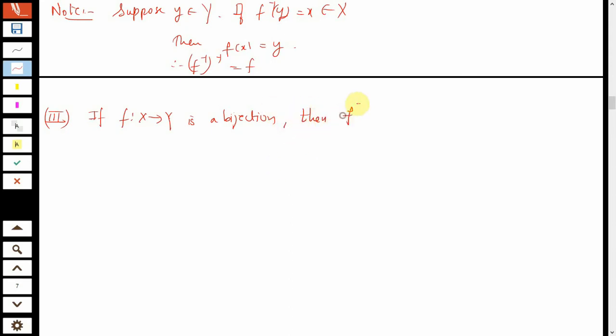So if f from X to Y is a bijection, then f inverse composite f, I'll do a rough work here so that I can find a domain for this f inverse of f.